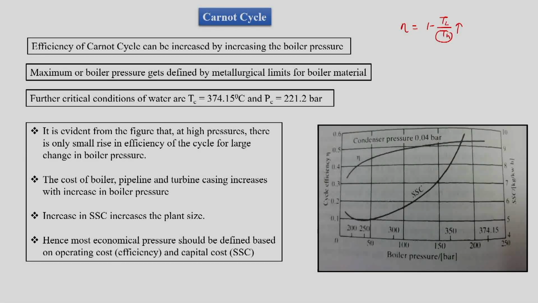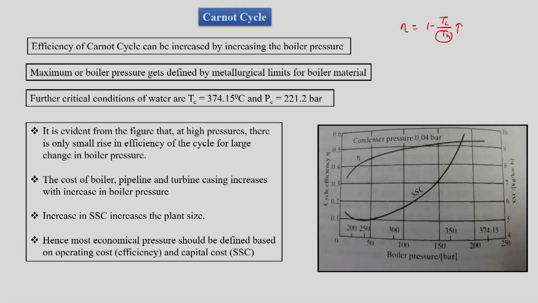We can see from the steam tables that as we increase the boiler pressure, the enthalpy difference between the boiler inlet and boiler outlet decreases. Basically that decrement is due to the decrease in latent heat of water with increase in the boiler pressure. And since latent heat decreases with increase in boiler pressure, we actually have lower W net in the Carnot cycle, and that lower W net actually increases the specific steam consumption.